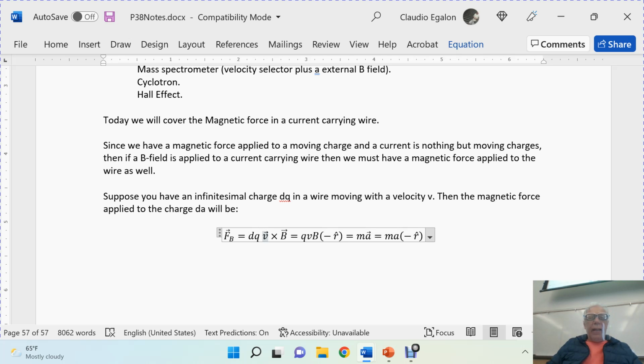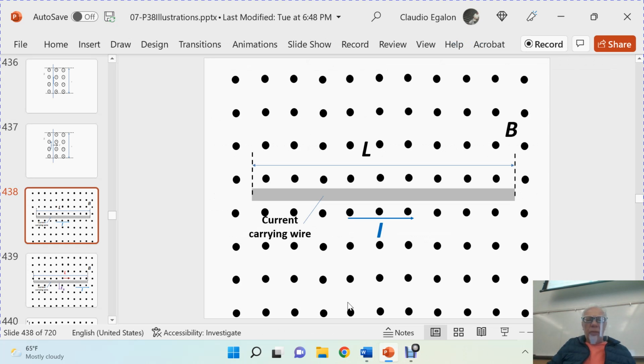Okay, and then we are going to do something else. That's an infinitesimal force as well, because we are talking about a wire, right? Let me see if I can picture that for you.